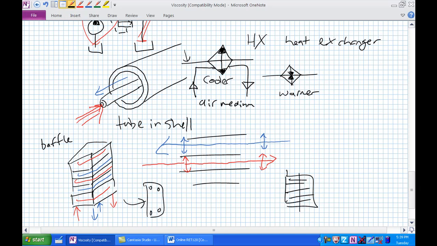Basically, hot fluid is entering the radiator. Cool fluid's coming out because as your vehicle is moving down the road, cool, bug-filled air is being forced through it. Okay, so that is an air cooling medium versus a water cooling medium if it's filled in.